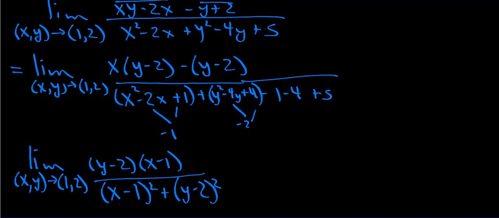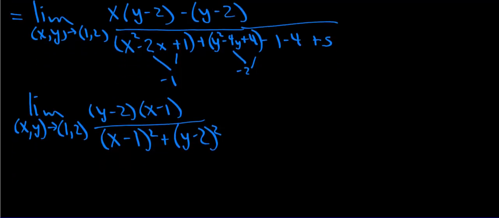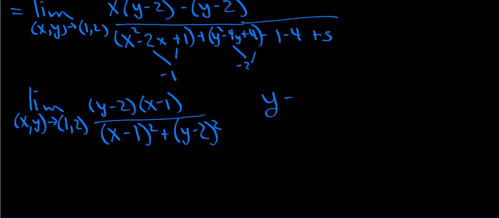Now, I can say, okay, my path is going to be an equation of a line that passes through that point. Y minus y naught equals m times x minus x naught. Now, every time I see a y minus 2, I can replace it with m times x minus 1.